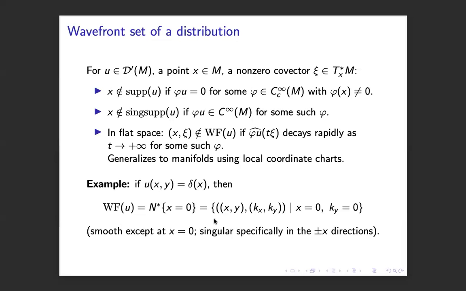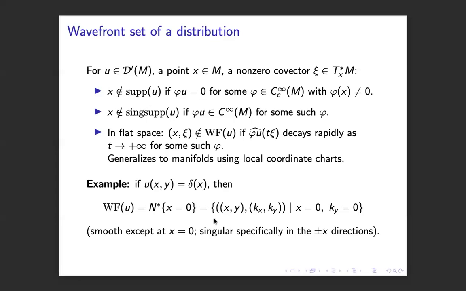This is the idea behind the wavefront set. You can calculate it pretty easily using Fourier transforms, and you get what's called the conormal bundle, which in this case is the points where x equals 0, and the covector has only non-zero components in the x direction.